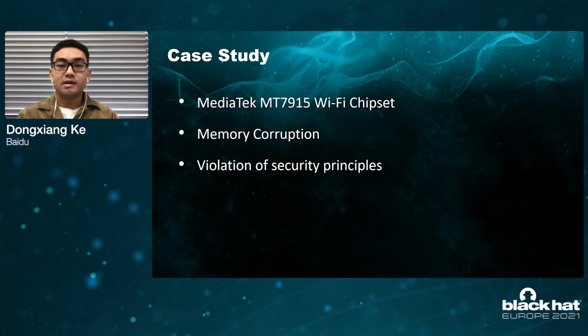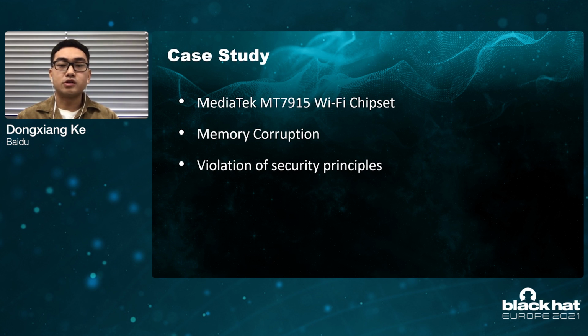Hello everyone. Next, I will introduce some security vulnerabilities we discovered during the security audit of the MT7915 chip. Those vulnerabilities can be roughly divided into two categories in terms of causes. Firstly, memory corruption vulnerabilities, mainly due to the lack of validation when processing TLV packets.